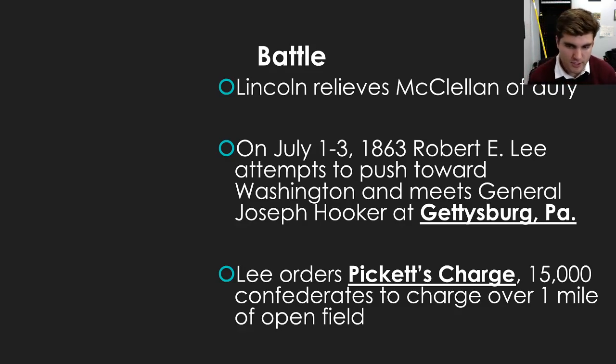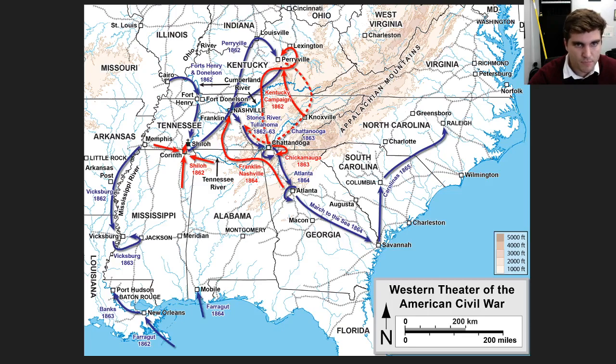There's a lot of speculation about Pickett's charge in terms of its effect and effectiveness, but only 5,000 make it up the ridge, and the remnants surrender and retreat. So the South would never again threaten Northern territory after Gettysburg in 1863.